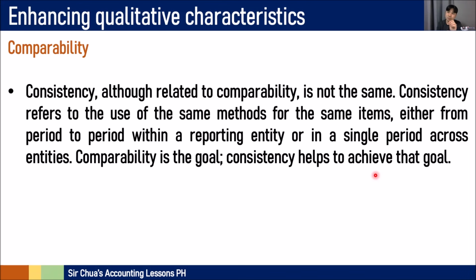It's kind of hard to, not really hard, but medyo parang hindi mo ma-relate ng maayos yung pagka-compare sa kanila kasi hindi naging consistent. Parang ganon. So, the goal is to be comparable, and to achieve that goal, you need to apply consistency using the same methods for the same items.